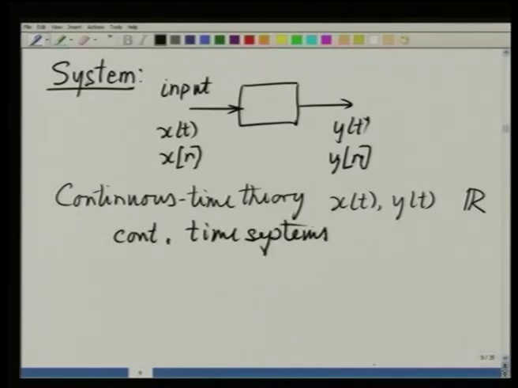So, continuous time systems process continuous time signals. Their counterpart is the discrete time system, and this comes in the context of discrete time signals and system theory.